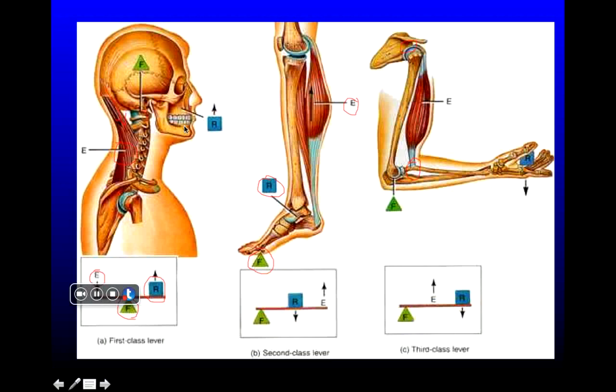So you're trying to move the head up by pulling down on the back of the head at a fulcrum of the occipito-atlas joint, right? Does that make sense? So think about that. Pulling down the back of the head, it's moving here, and it's lifting up the head.